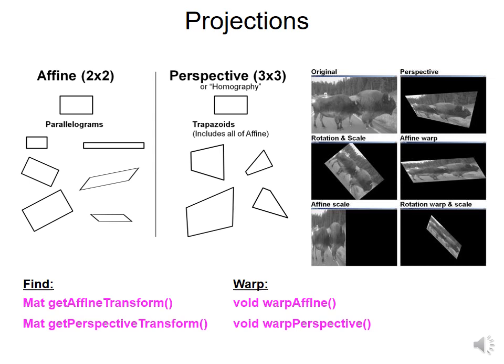So affine transformation makes this kind of transformation, and perspective transform, also called homography, can transform a rectangular image into a trapezoid. Trapezoid is 사다리꼴.